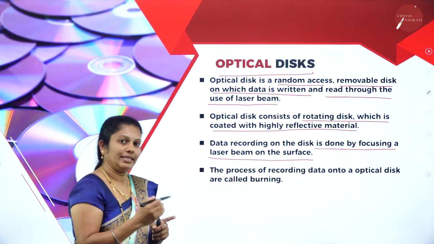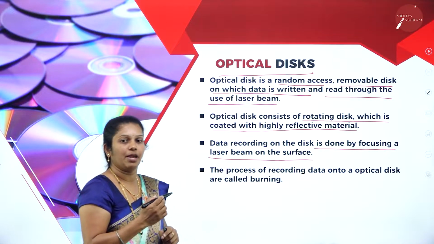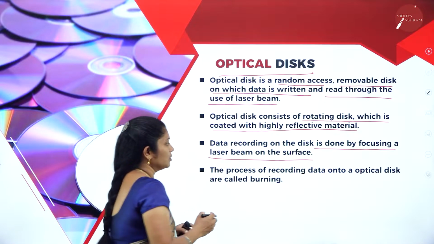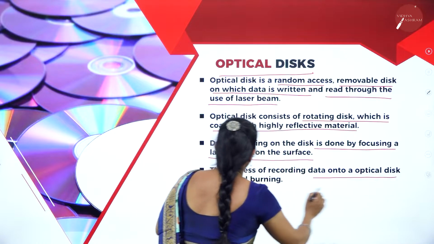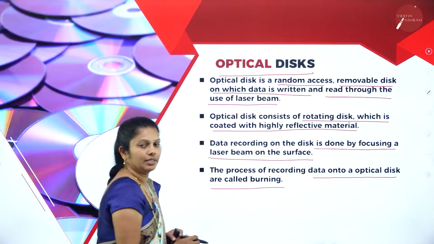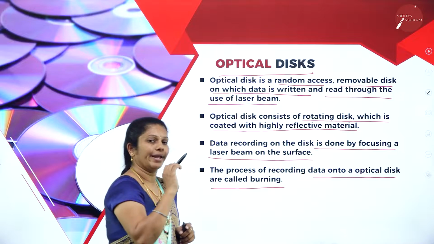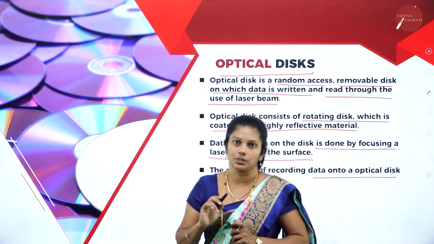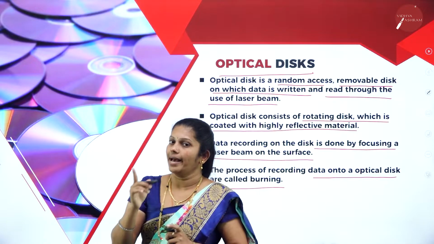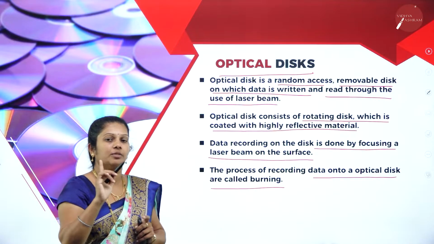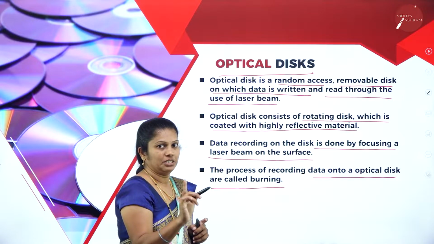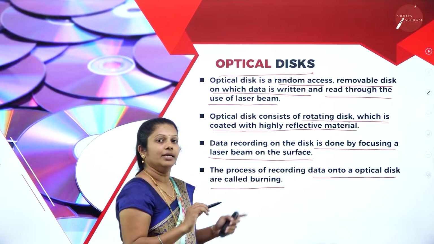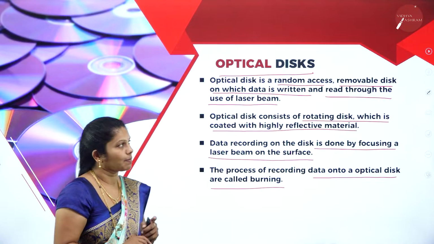If I want to write any data here, I can write it by using a laser beam. The process of recording data onto an optical disc is called burning. So if I want to write data on the disk, we follow the burning process. Whereas hard disks and floppy disks are made from magnetic material, here it is made from highly reflecting material, and we use laser beams.